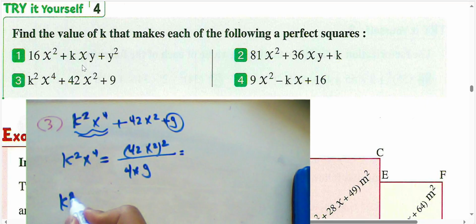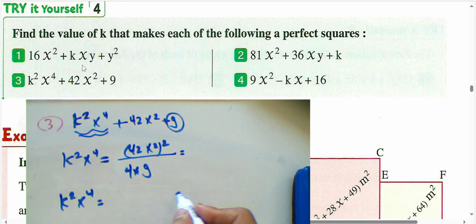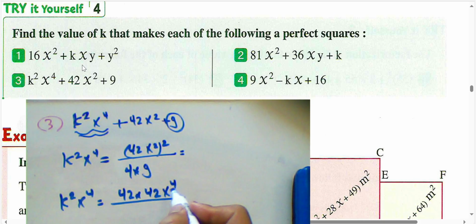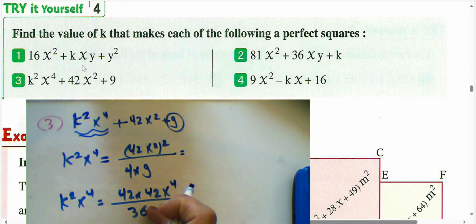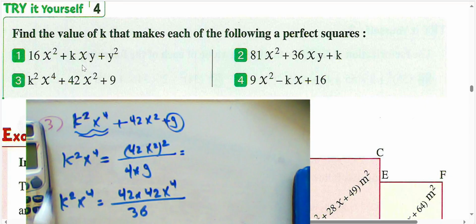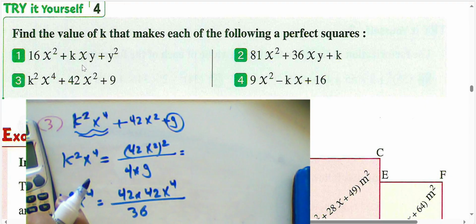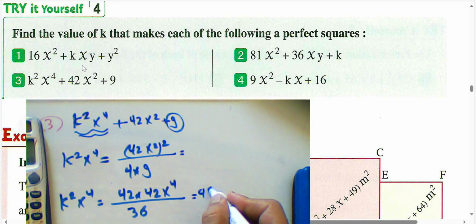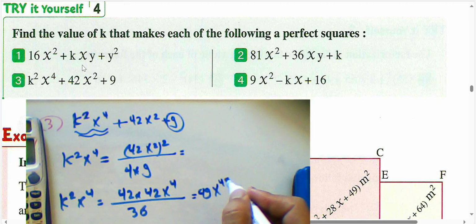Then we have k²x⁴ equals 42 times 42x⁴ over 4 times 9, which equals 36. You can calculate 42 times 42 in your calculator, divided by 36, it will be 49. 49x⁴.